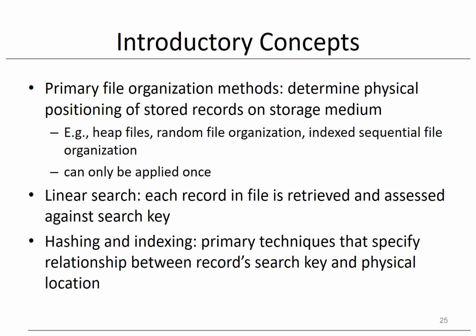Each record in the file is retrieved and assessed against the search key. Yet, the more advanced methods specify a relationship between the record search key and its physical location. This improves retrieval speed considerably as it allows directly accessing the storage locations that contain records that correspond to the search key, thus avoiding a linear search. Hashing and indexing are the primary techniques to establish such a relationship.